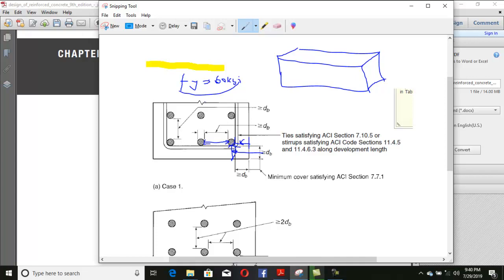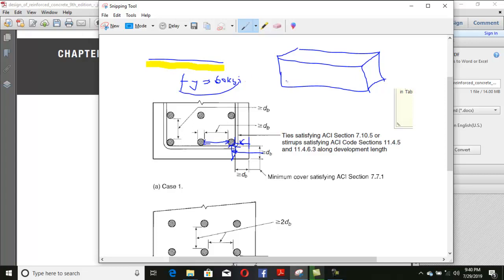Now one of the most important questions is: how much length of this bar is necessary to insert in this beam so that it gives me the yielding stress equal to 60 ksi?